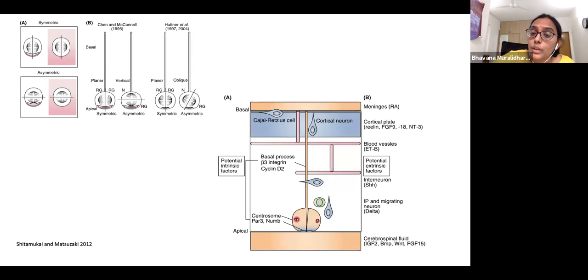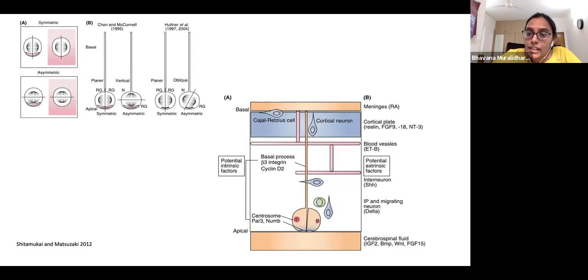If you have defects in PAR3 or NUM, you end up having more symmetric divisions as opposed to asymmetric divisions. And if you knock out some of these cytoskeletal proteins, the migration gets affected. You make the basal progenitors, but they don't migrate. They all populate close to the ventricular zone. So those are some of the defects which you see when you tinker with this process.